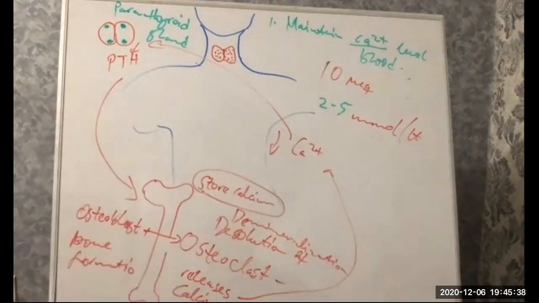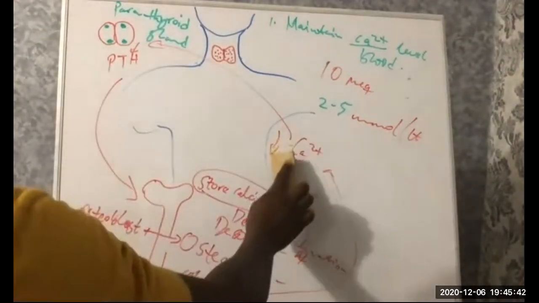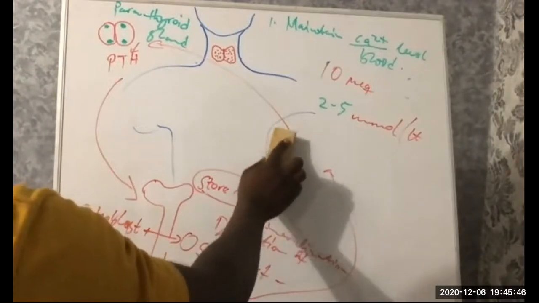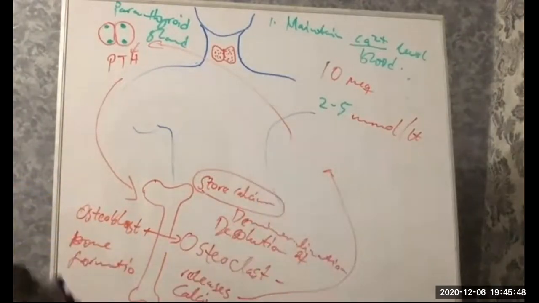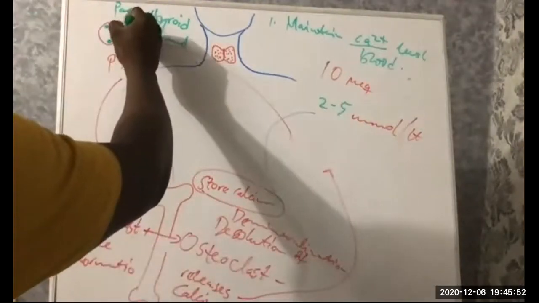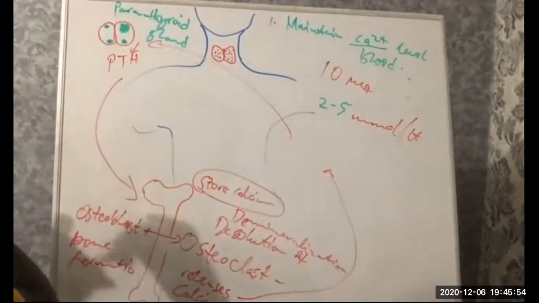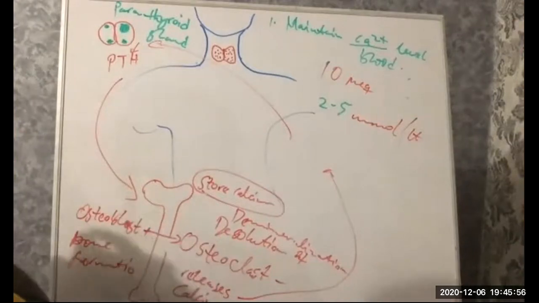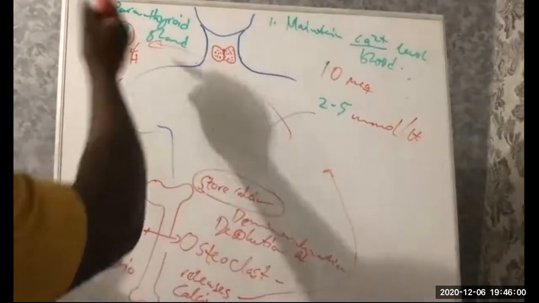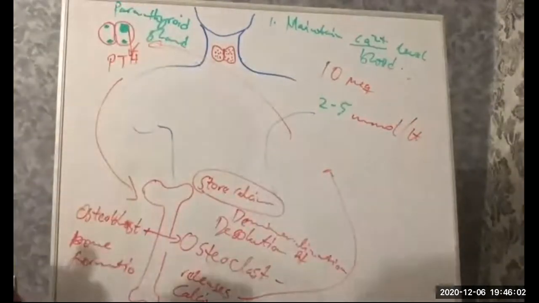Now think of it this way. What if the cause is not a lower level of calcium, but rather a tumor of one of the parathyroid glands? Because it's a tumor, whether calcium level is low or high, it keeps on releasing parathyroid hormone.